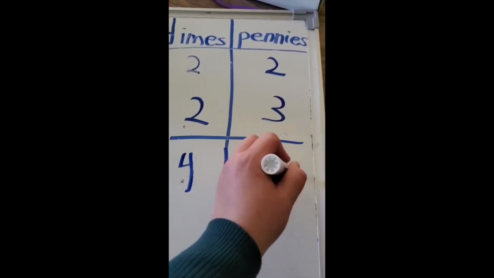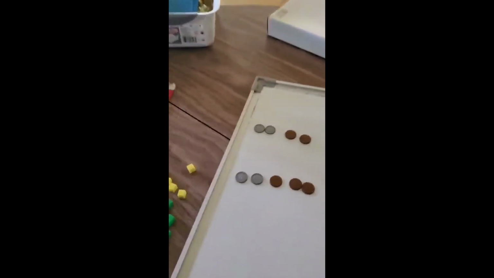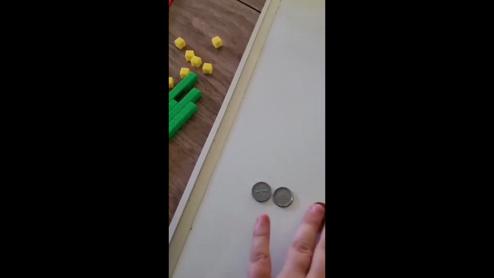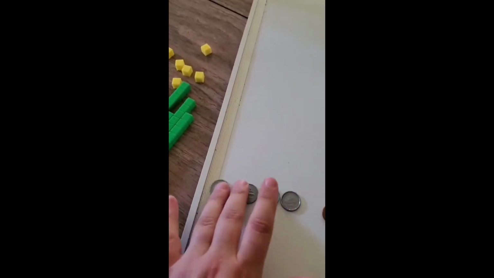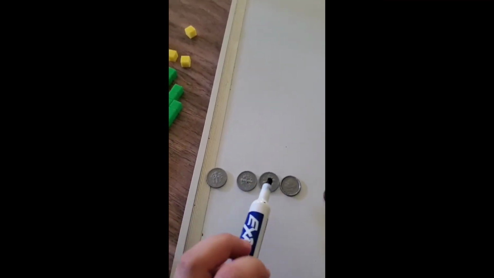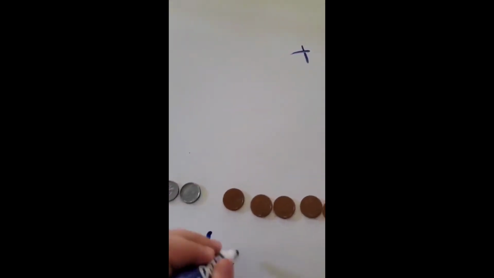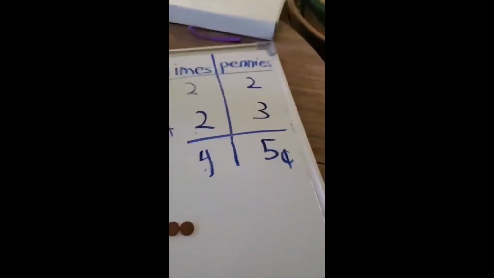45 cents. Let's double check. Let's add these all up. So we want to put the pennies together and the dimes together. So let's count them. Ready? 10, 20, 30, 40, 41, 42, 43, 44, 45. We got the same answer. Yay! So exciting!